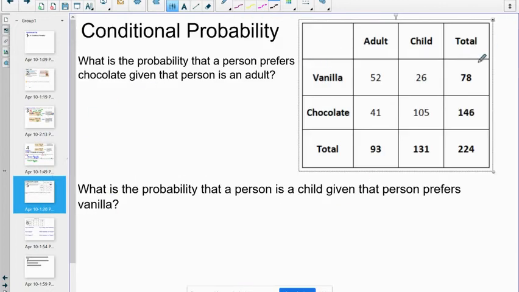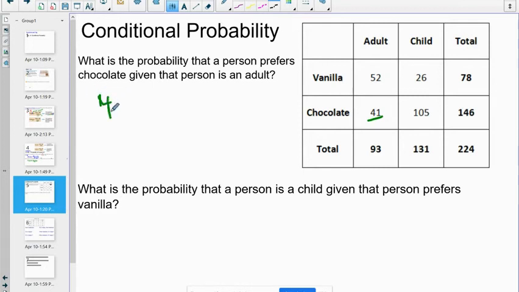Now we have a table over here to our right, and we're going to take that notation and actually solve it. The probability that a person prefers chocolate given that the person is an adult. Remember, A is chocolate, so the probability of chocolate and adult is 41 here, because that's where they meet up.